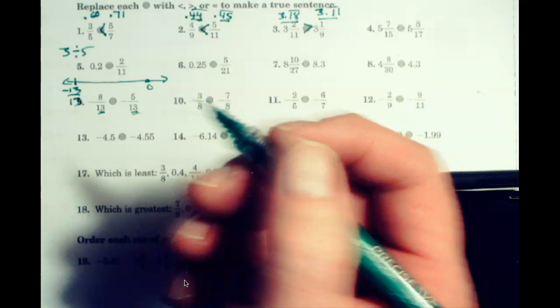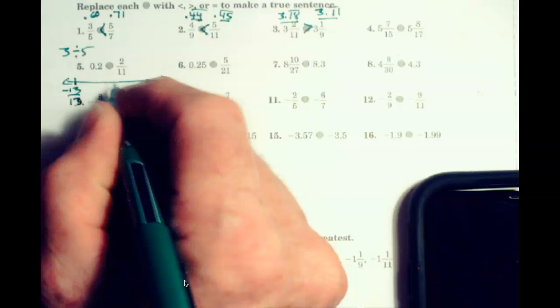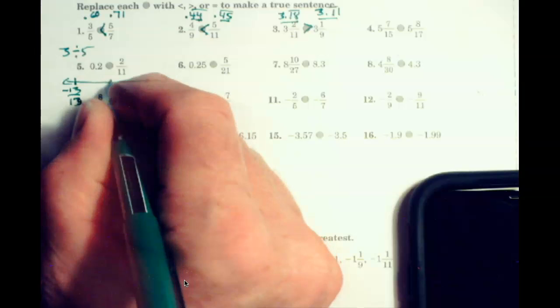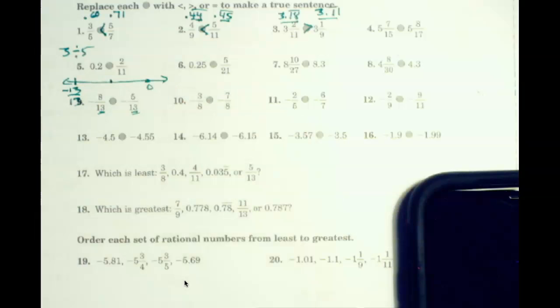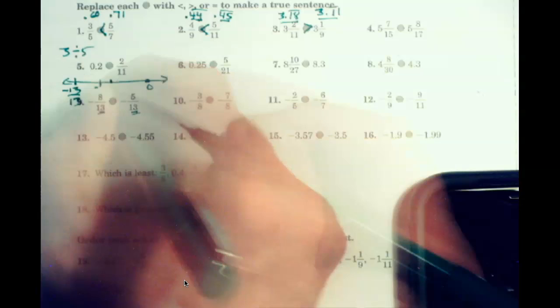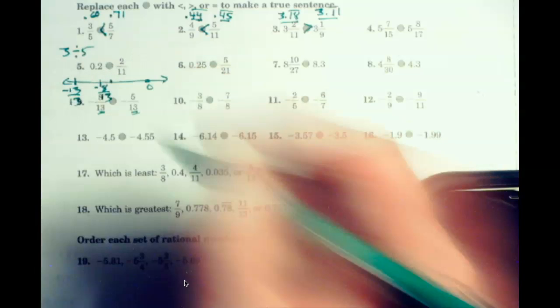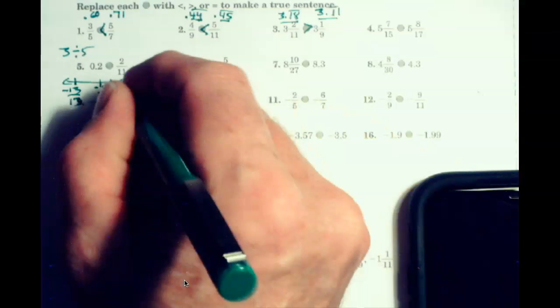So negative 5/13. Well, 6.5/13 would be halfway. Negative 8/13 is going to be more than half. So let's just put this here. Negative 8/13. And negative 5/13 is probably going to be over here.